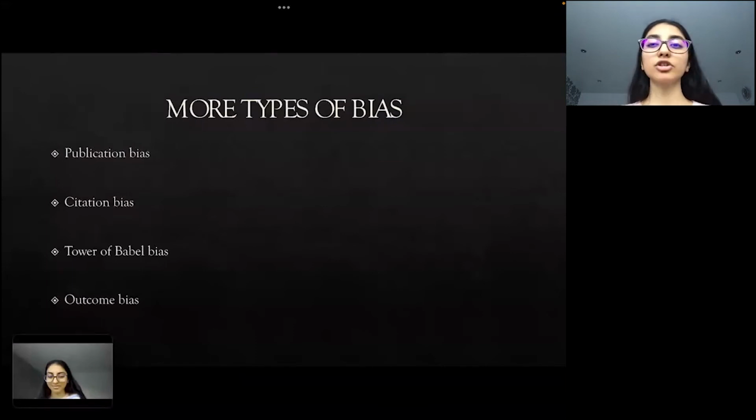Okay, so more types of bias. So there's publication bias. This is, again, something to be really mindful of. So publication bias introduces positive bias for results, as results that are published are more likely to have an association. So for example, maybe journals are picking and selecting studies which show a really strong relationship between A and B, so that it's supposedly a big paper and lots of people would read it.